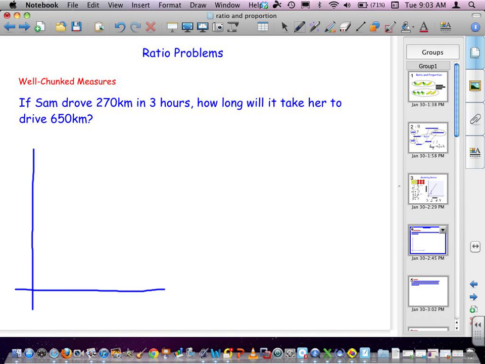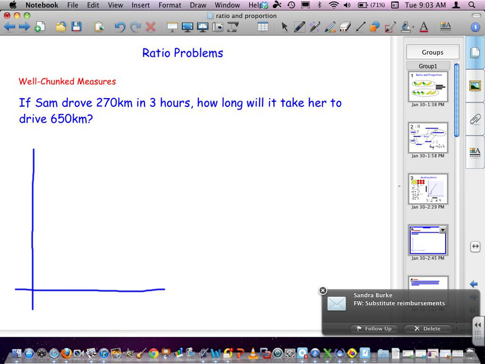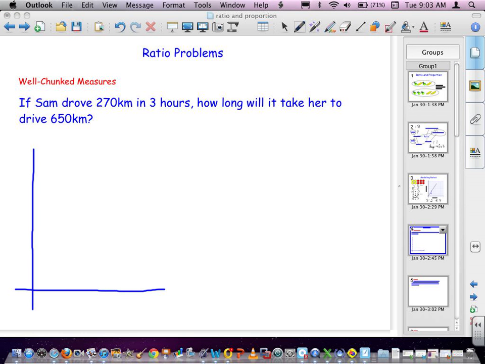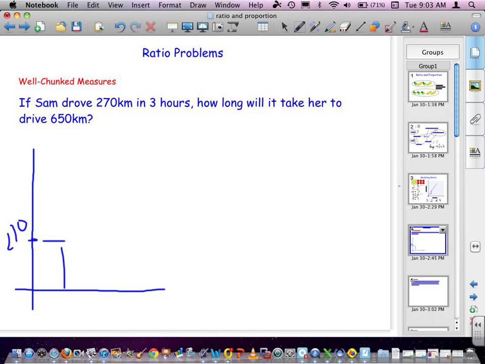The whole table drew a graph. Okay, so we had like 270 over here. 3 hours, you drove 270 kilometers. So you drew your line from 0 to 0.